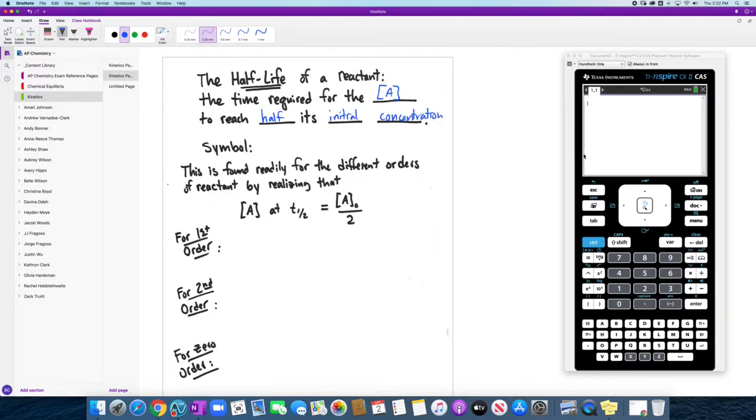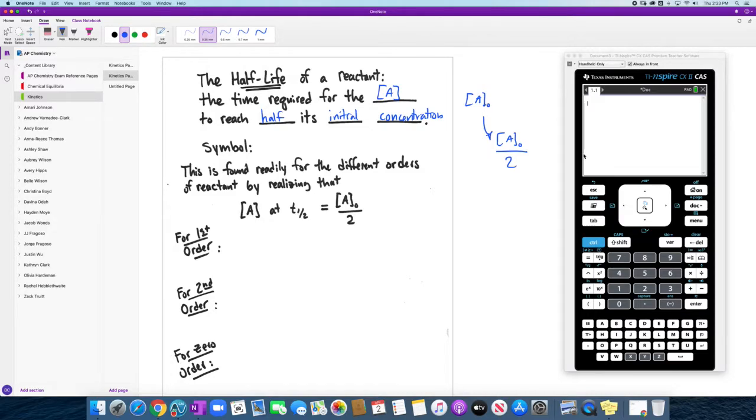Okay, and so if the original concentration is A0, A at time 0, then the half-life is the time required for that concentration to drop to A0 divided by 2. That would be half the original concentration.